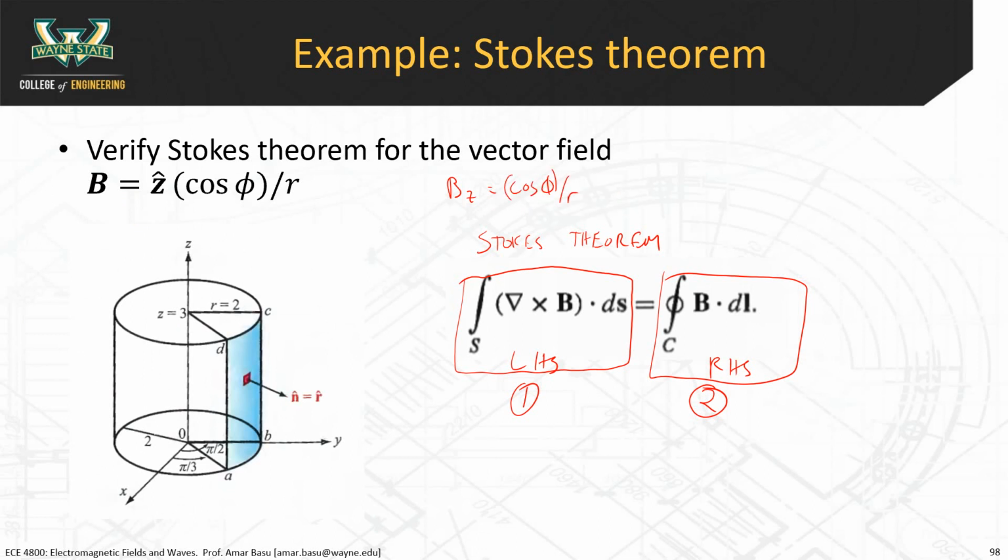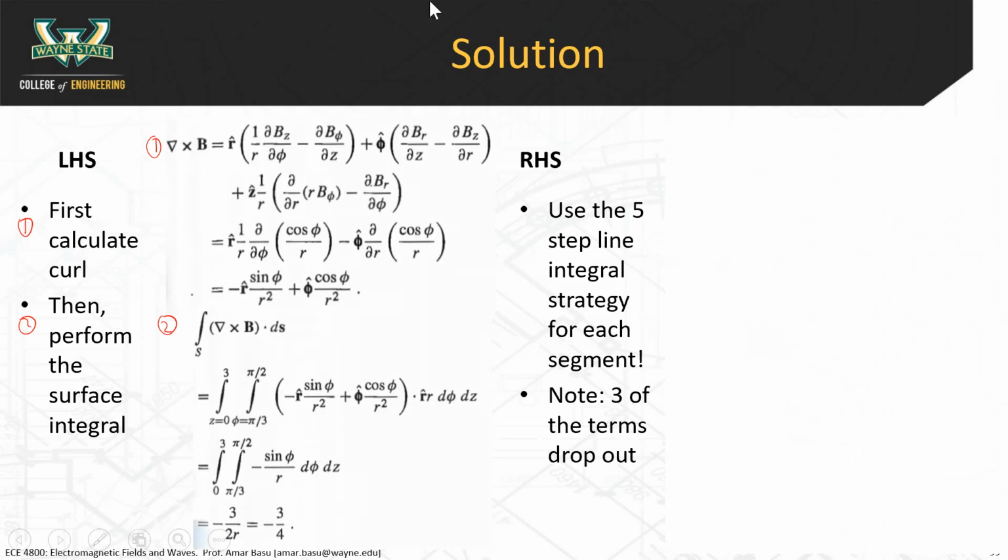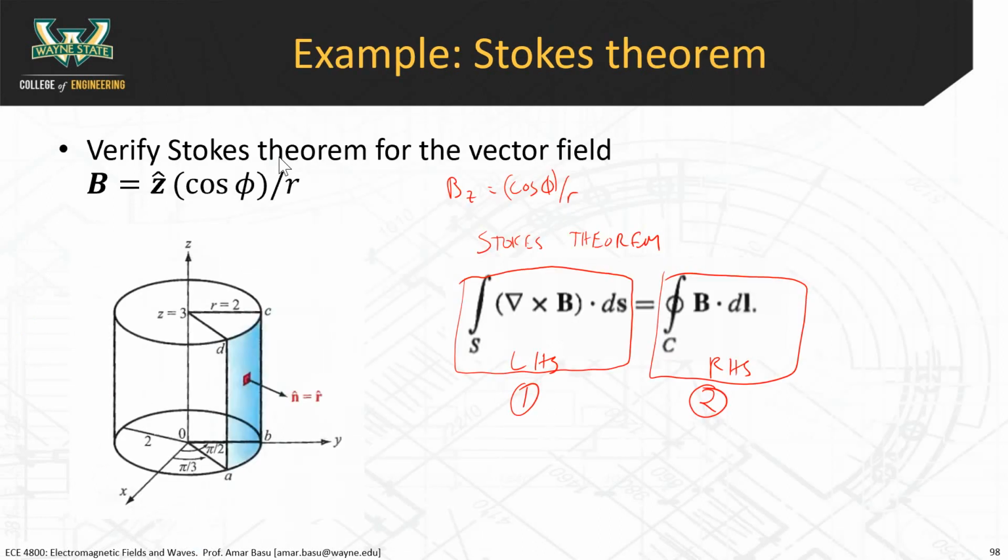When you're figuring out the components of the curl, you're going to be asked to do a lot of partial derivatives. So you're going to be taking dBz over dphi. I'm just giving you an example here. We take the partial derivative of this with respect to phi, and so we treat r as a constant. And so this becomes negative 1 over r sine of phi.